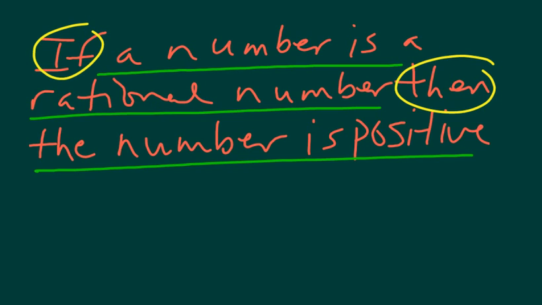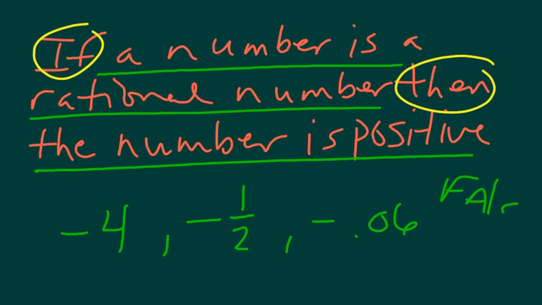Because I can. How about negative 4? That's rational. It's not positive. How about negative 1/2? How about negative 0.06? All of those are rational, but they're not positive. So that means this if-then statement is also false. I just need one counterexample to show that it's false.